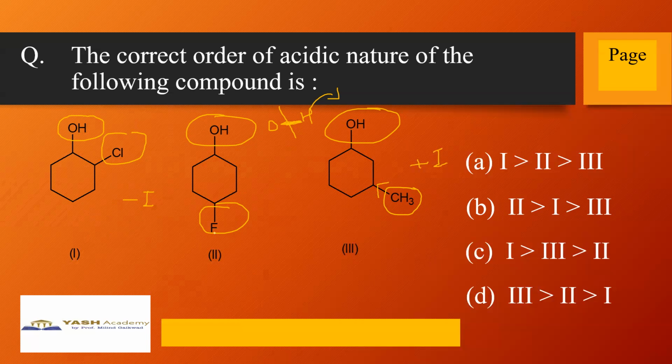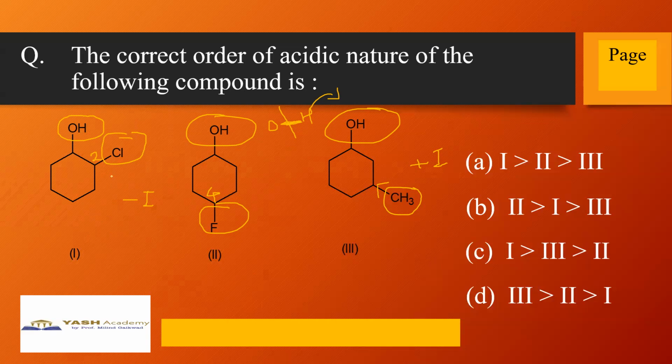Now here fluorine is the more electronegative element than chlorine, but you know that the inductive effect is a distance dependent effect. As distance increases, the effect becomes negligible. Here fluorine, no doubt it is a strong electron withdrawing group, but it occupies fourth position in the given structure, and chlorine occupies very close to the OH group, that is the second position.